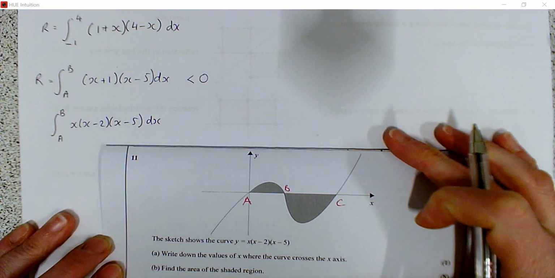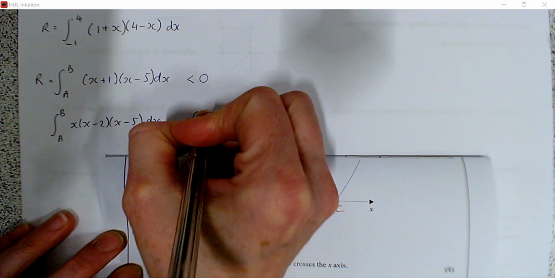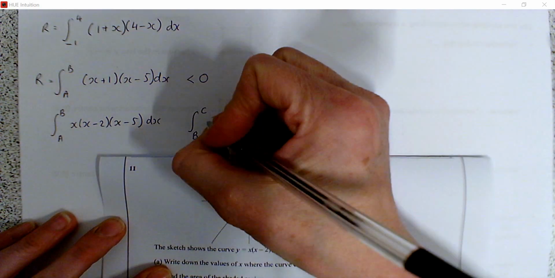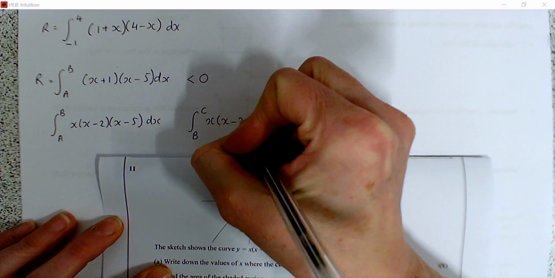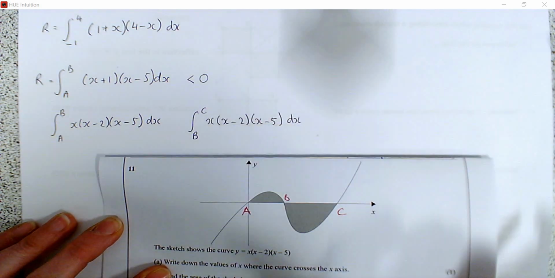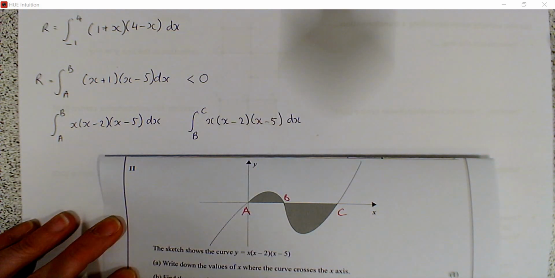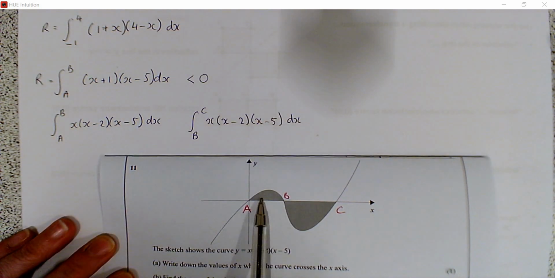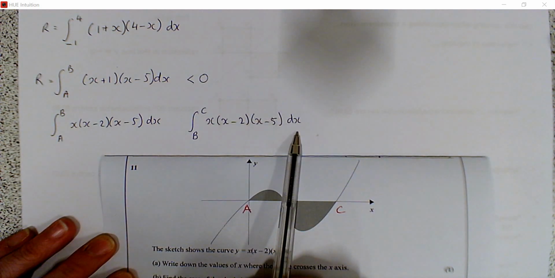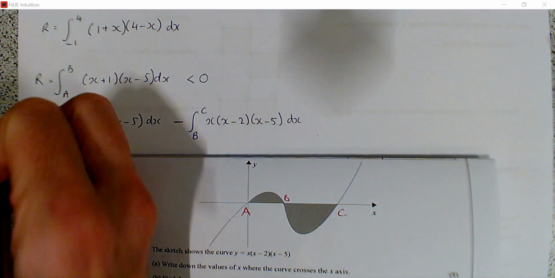And separately, I would work out the integral from B to C, for the negative bit, of x minus 2, x minus 5 with respect to x. Then you would take the positive versions of both of those. This one, being above the axis, will be positive. This one will give a negative answer. So if I took away that negative answer, then I get my total area.